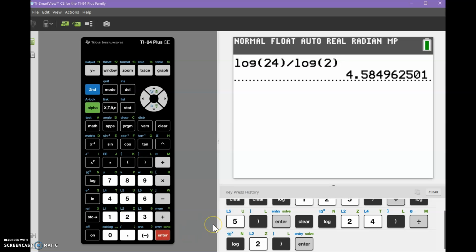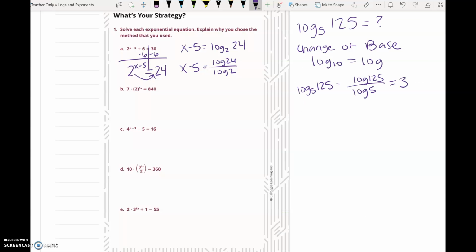It's a decimal, and a lot of these are going to be decimals, and that's okay. I want you to round to 2 decimal places, so this will be 4.58. So I'm going to say x minus 5 equals 4.58. Obviously, I still need to move the 5. And I'm going to get x equals 9.58.